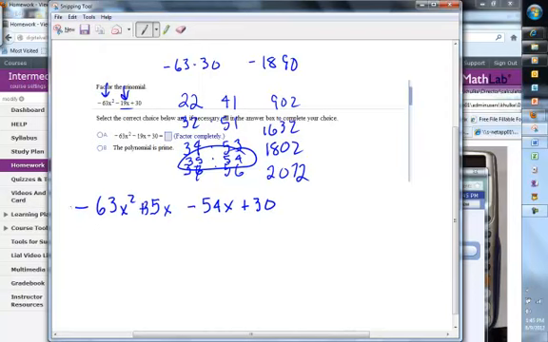Now we're going to factor by grouping, and we can take out a negative 9x, and we're left with 7x. No, not negative 9, let's take out a positive 7, and we're left with negative 9x plus 5.